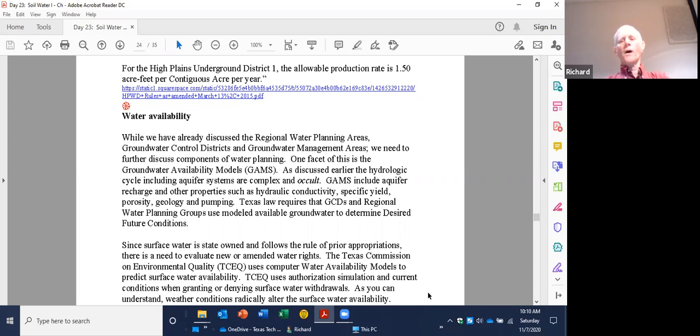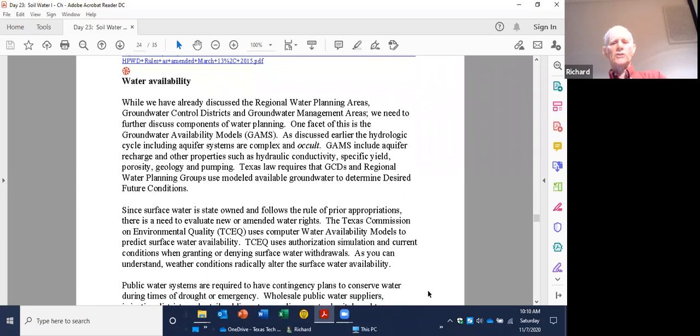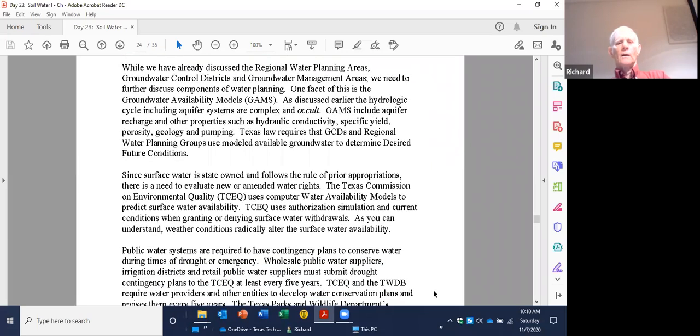Texas law requires that the groundwater control districts and regional water planning areas use modeled available groundwater to determine desired future conditions. Since the state owns the surface water, that is allocated by prior appropriation. There's a need to evaluate new or amended water rights.